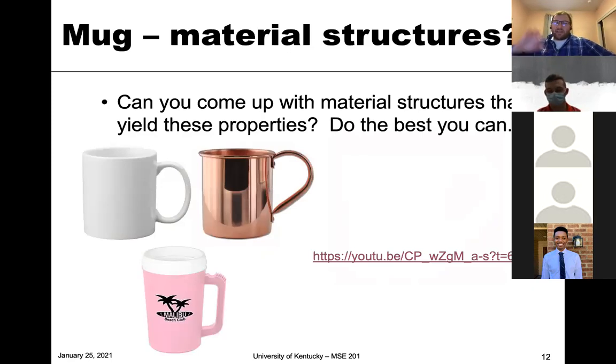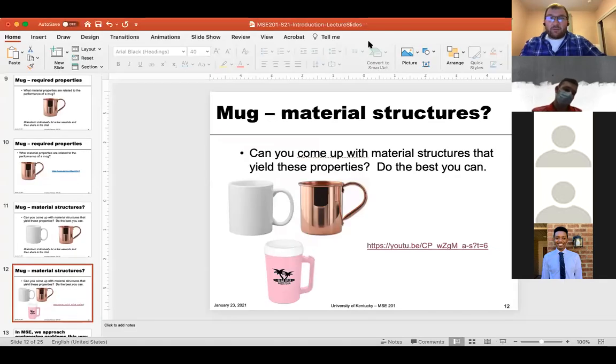All right. So I've got one more video for you. So we talked about a ceramic mug. We showed you a metal mug, which was the hairspray container, and then plastic. Let's imagine we have a plastic mug. So I've got one last video for you. If I can find it.